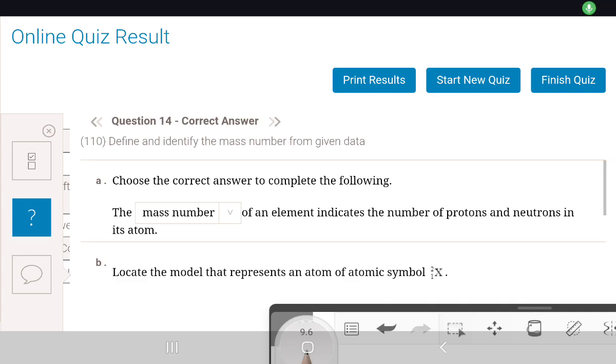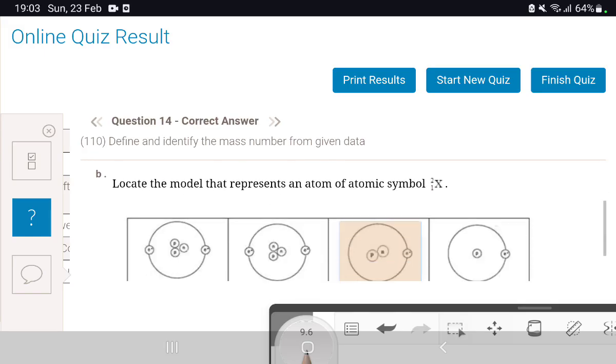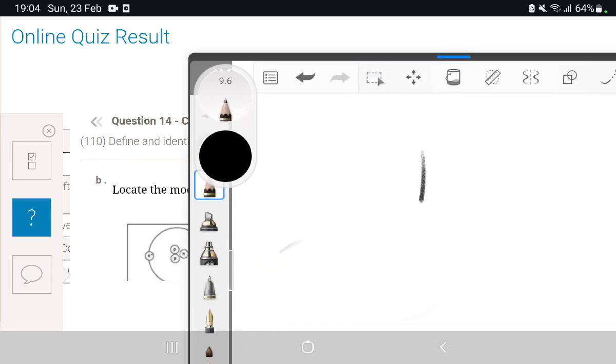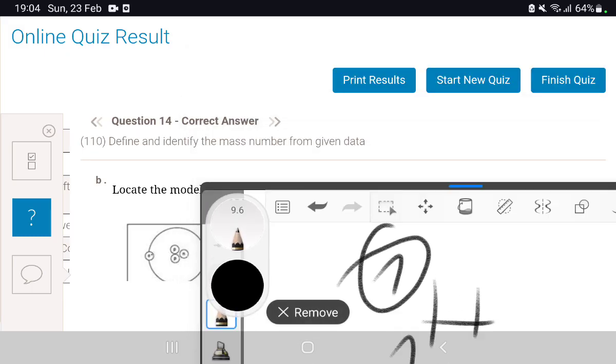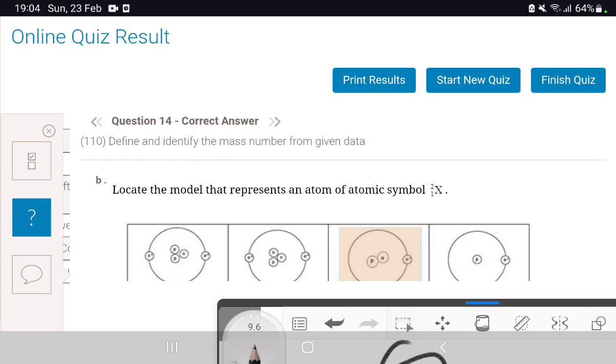Number 14. The mass number of an element indicates the number of protons and neutrons in its atom. So as I said, the mass number is here. Locate the model that represents an atom of atomic symbol 2, 1.